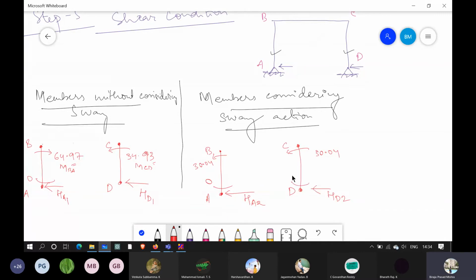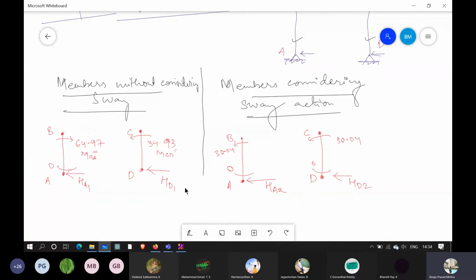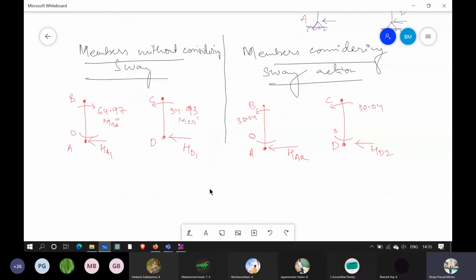Now we need to find out how much HA1, HD1, HA2, HD2 are. What is the distance between A and B? The distance between A and B is how many meters? 4 meters.